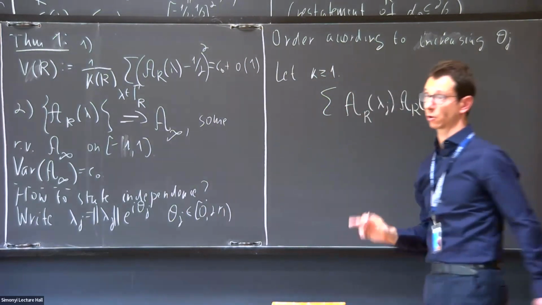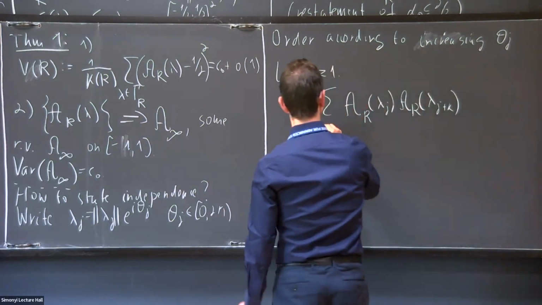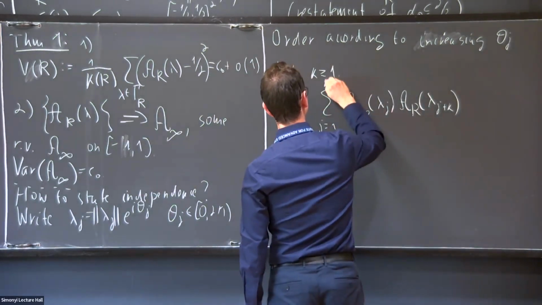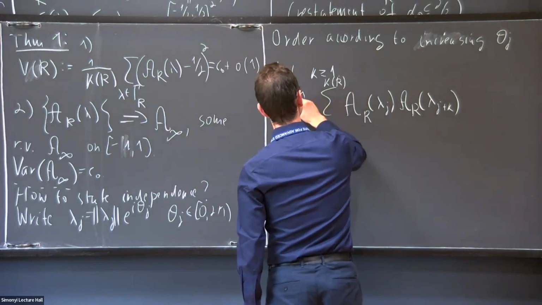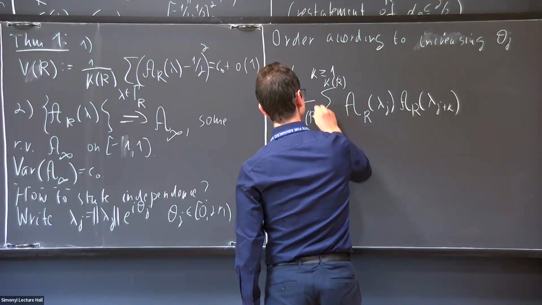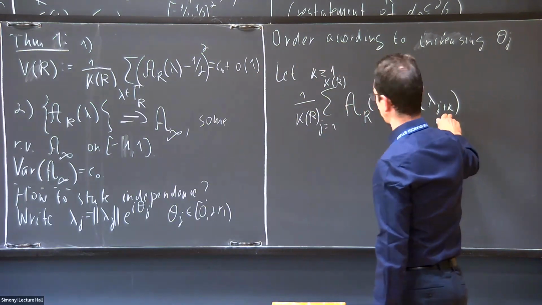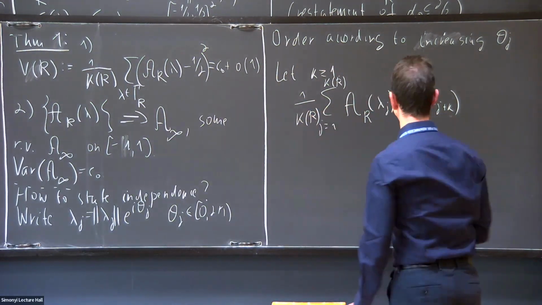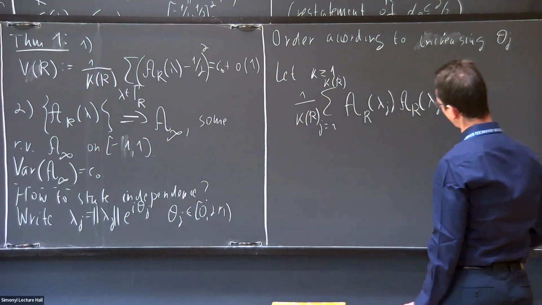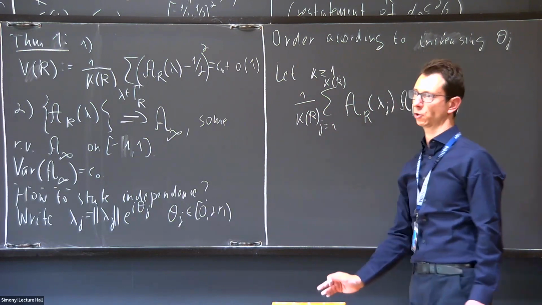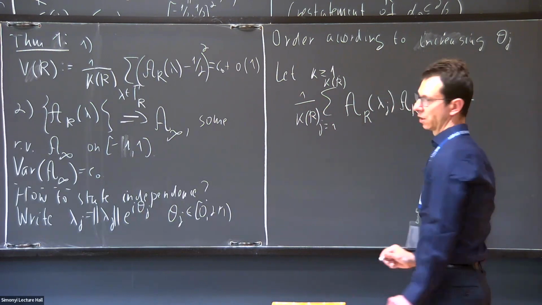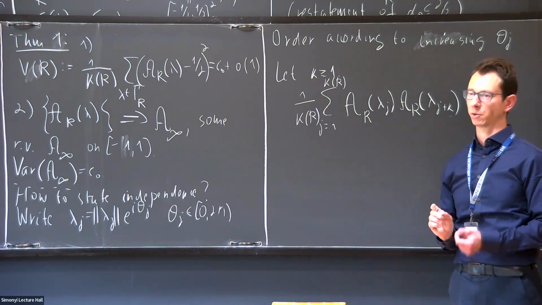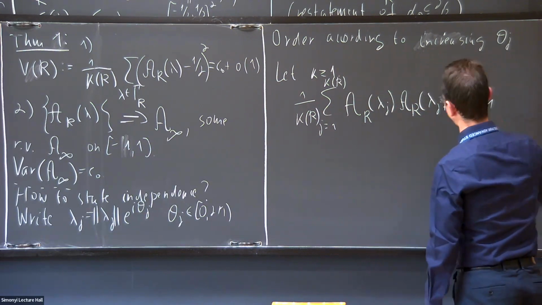This is the correlation, with j going from 1 to K of r. By the way, this is little k, and this is capital K of r. This is not the same thing. In order to make it into a correlation, we subtract the product of the expectations. So this is 1/4.